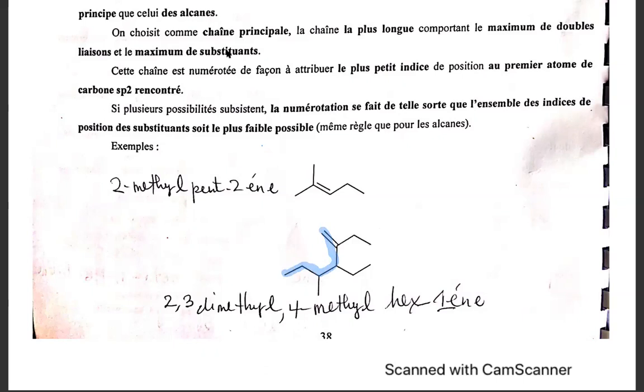The rest become substituents. So our longest chain contains how many carbon atoms? It contains 6. And rule number 2 states we are supposed to look for the position of the double liaison. And the double liaison in this case is found.